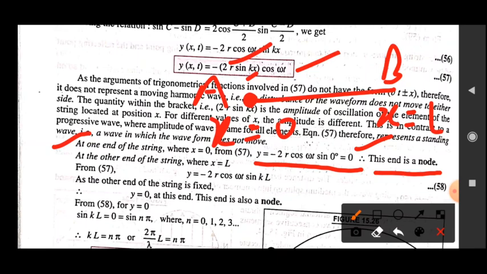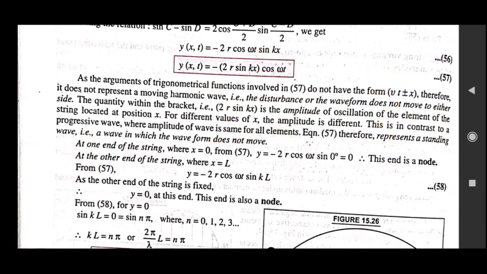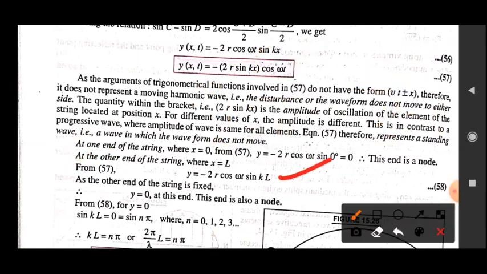Now next, at the other end, that is end B, x is equal to L. So for x is equal to L, using this equation again, we get this equation here. As the other end is fixed, if y were not equal to 0 after that fixed end, then the wave would start to progress further, and that is not possible because this wave is standing, it is not plane progressive, meaning it is not moving, not traveling.